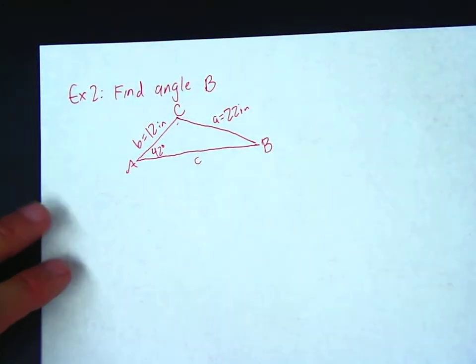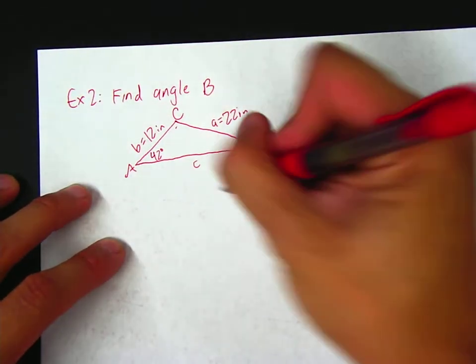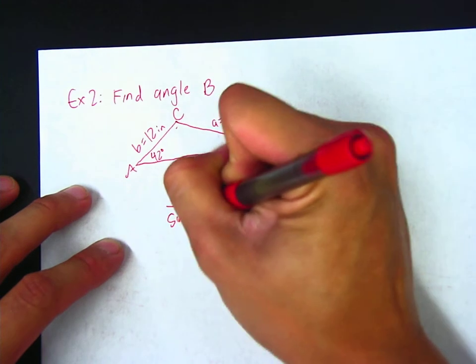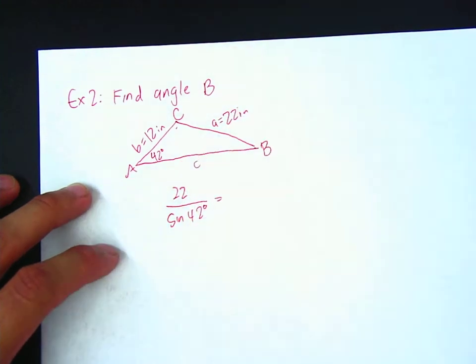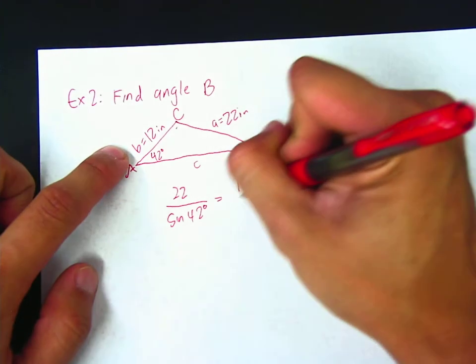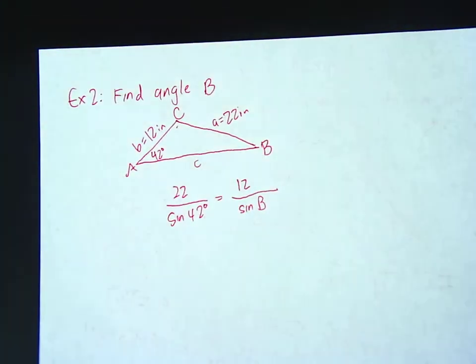So I would use the law of sines, obviously. It would be 22 over the sine of 42 degrees equals 12, which is B, over sine B. I don't know what sine B is, so I'm going to call it sine B.